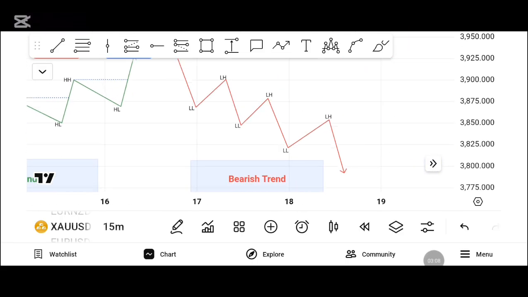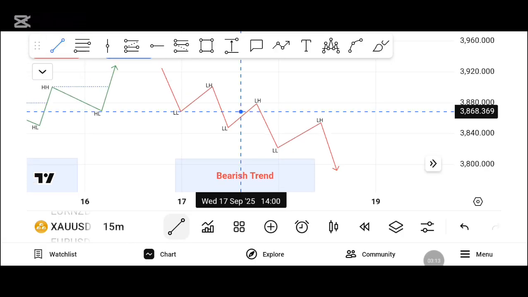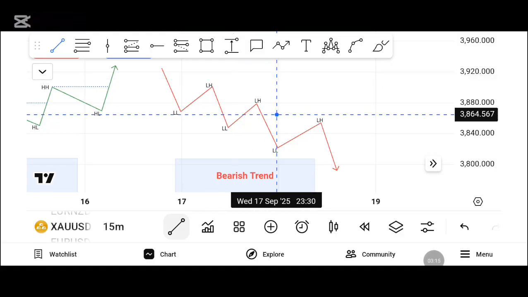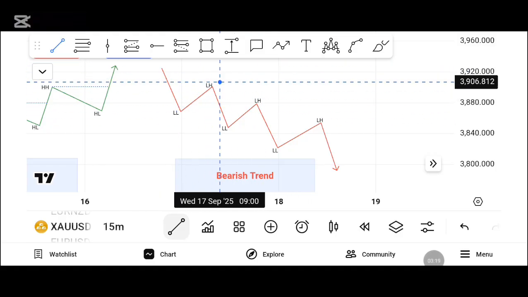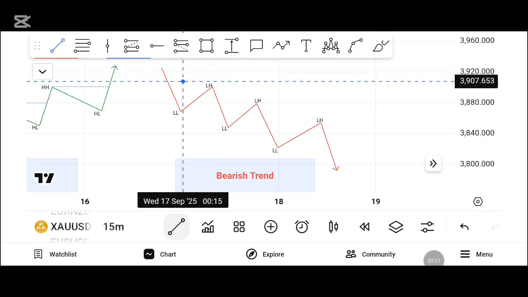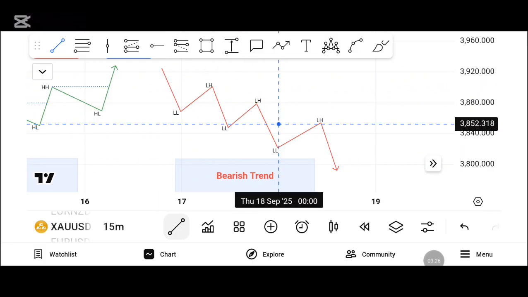So let's go to the other one. This is a bearish trend. I told you that either the market is selling or they're buying. Either buyers are in the market wanting to buy, or sellers are in the market wanting to sell. So this is a downward movement, a downward progression.